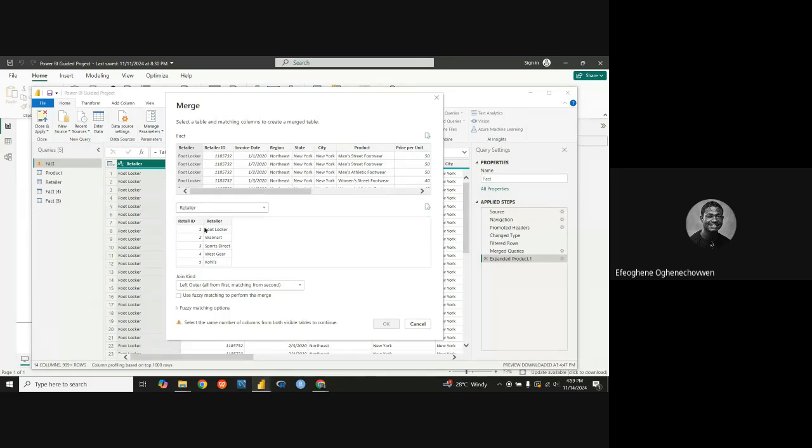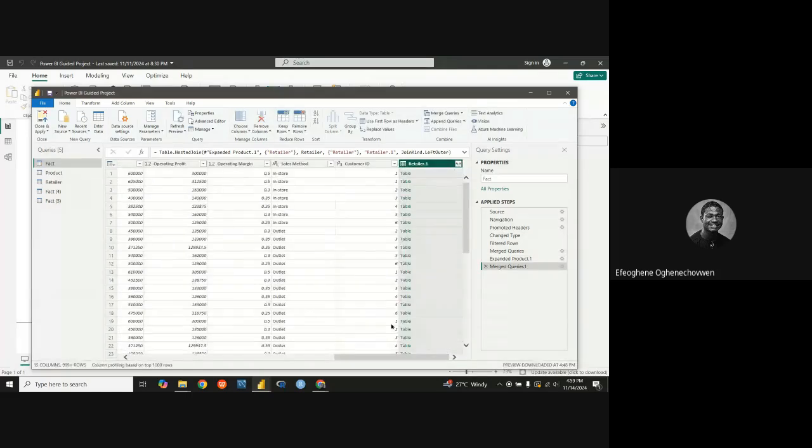So we're trying to find the commonality. I click on retailer and I click on this retailer too. You can see there's an OK here, and look at the selection matches 9,648 out of 9,648 rows. So I click on OK because this is what I want to link to my fact table.